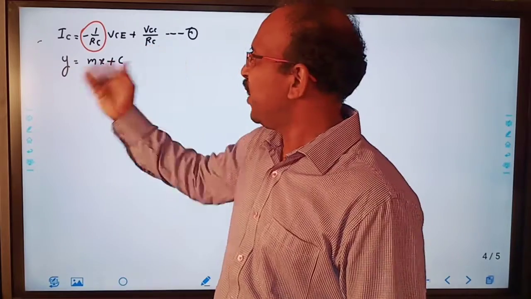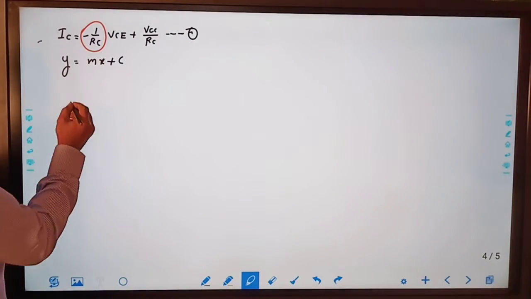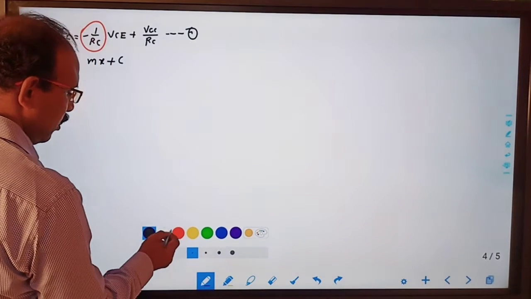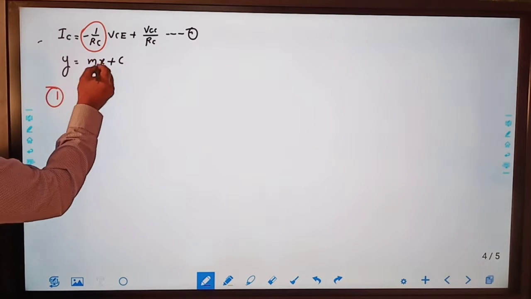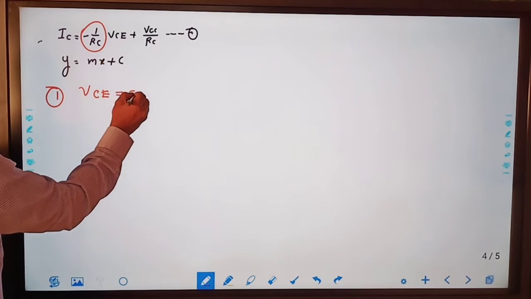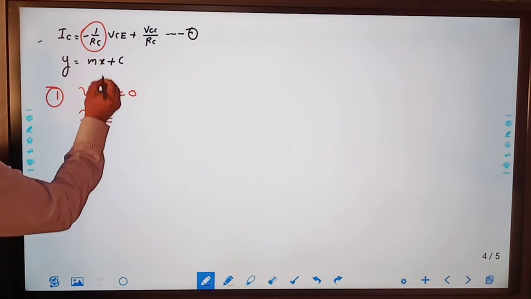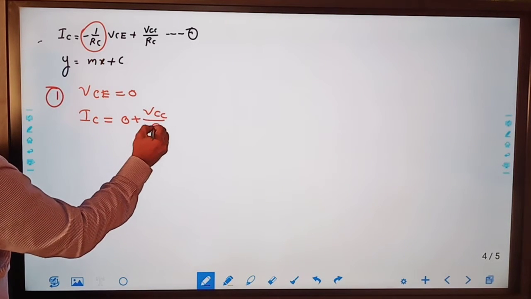So we have to find how the line is traveling. In the first case, if I consider VCE is 0, then what will happen? IC equals 0 plus VCC by RC.